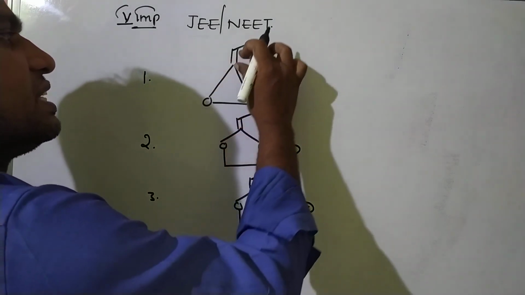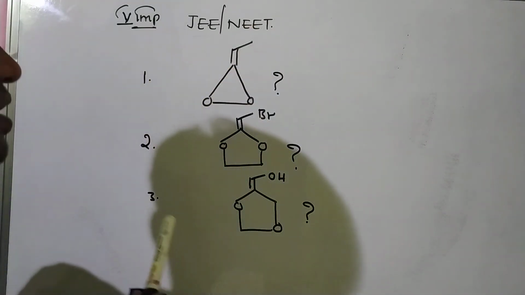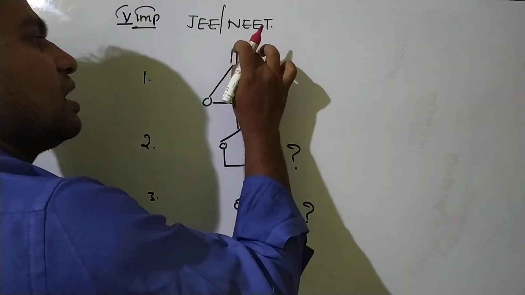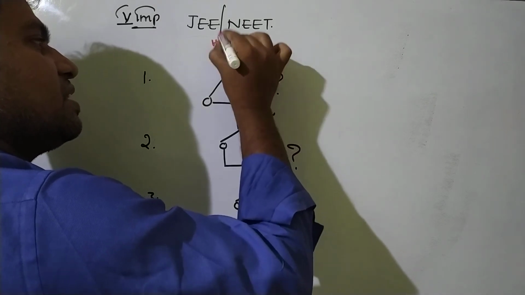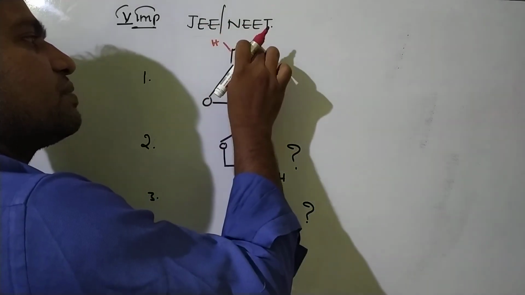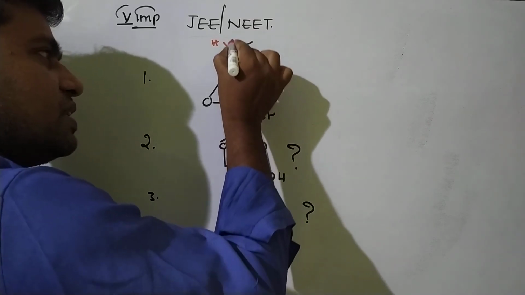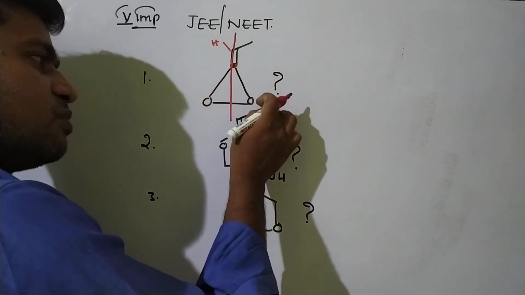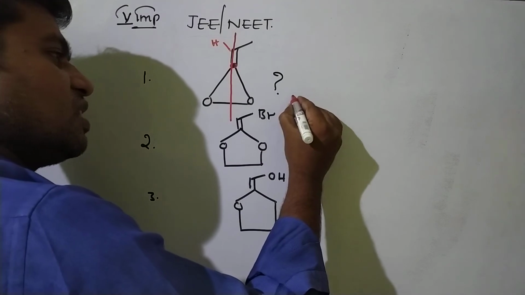Here see, this is a carbon-carbon double bond. We will consider this the stereo center, the carbon-carbon double bond. So this is methyl, and here a hydrogen atom is there. These two groups are different, but with respect to this carbon atom, if we cut this molecule, the same groups on this side, symmetrical grouping is there.